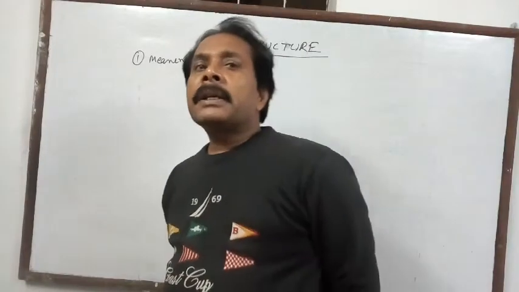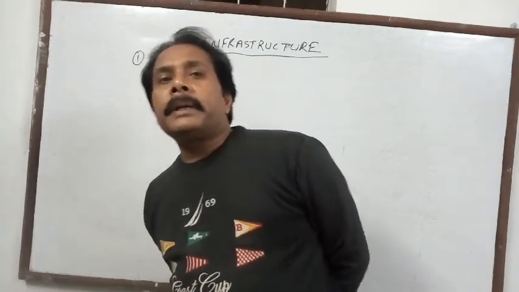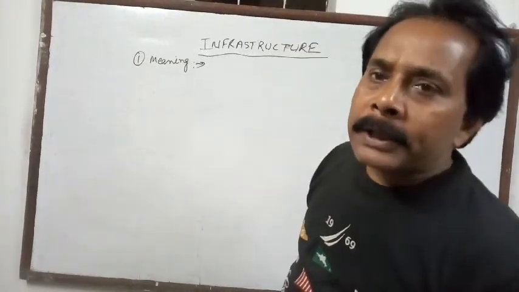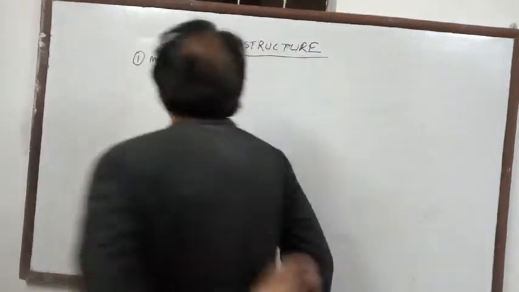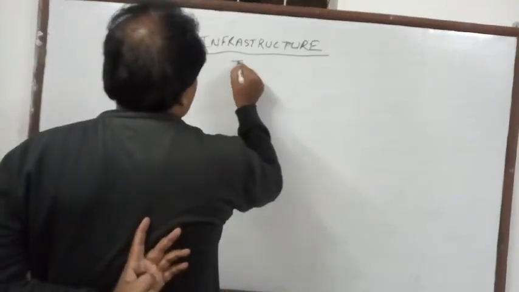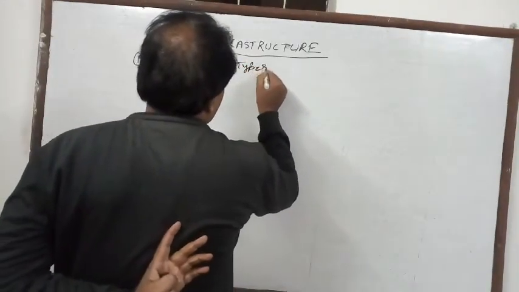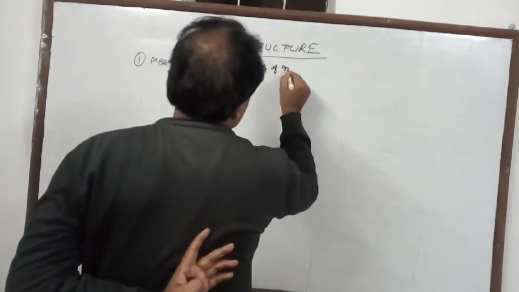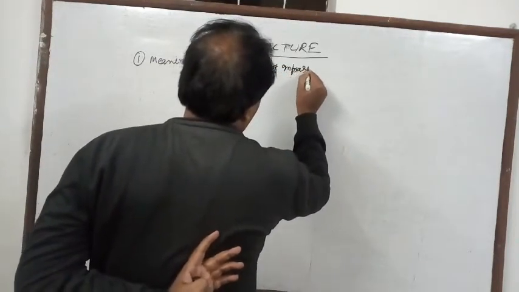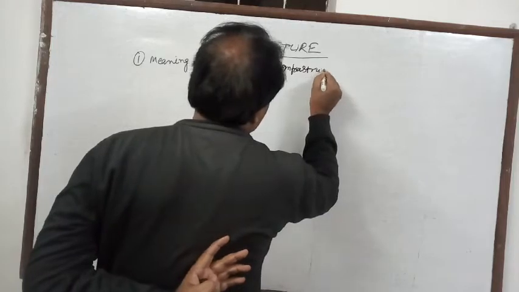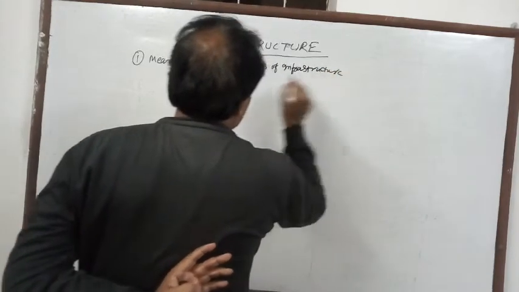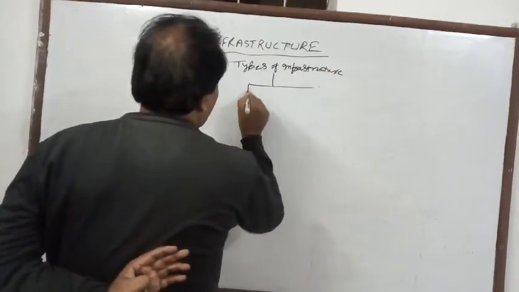So the infrastructure can be divided into two parts, that is known as types of infrastructure. It has two parts.